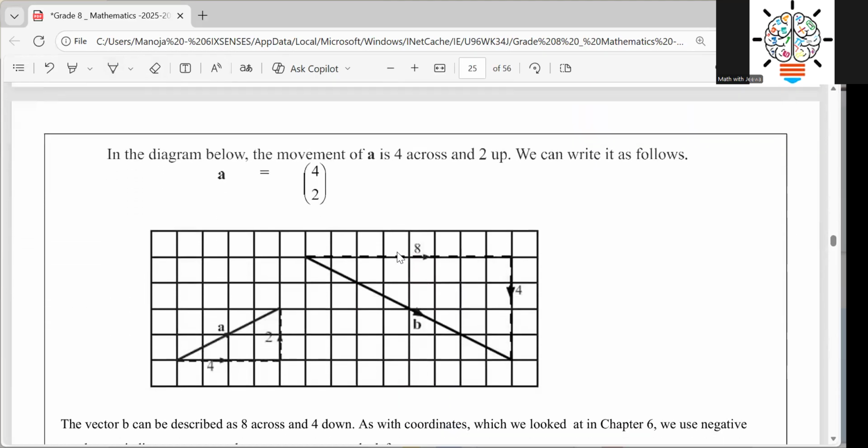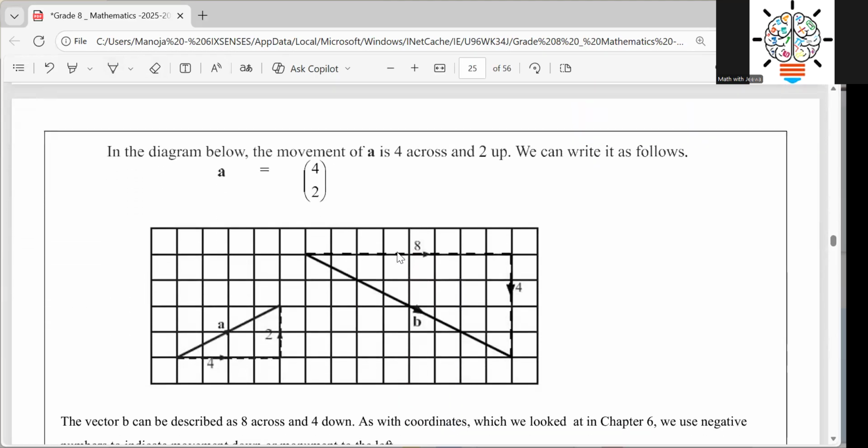And what is this, children? Now they have given the vector A, right? Here the vector A, 4 and 2. What does this mean? Now this is the starting point and this is the ending point. Let's say you go from Kandy to Colombo. That's your journey.